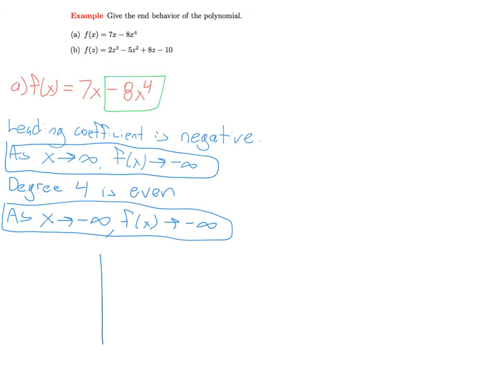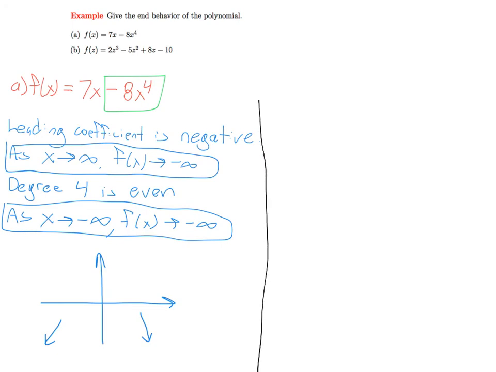Namely, roughly speaking, we see that as x goes to positive infinity, as we go to the right, the function goes down, and as we go to the left, as x goes to negative infinity, the function goes down. And we have some behavior in between those ends that we need to do some further analysis to determine.